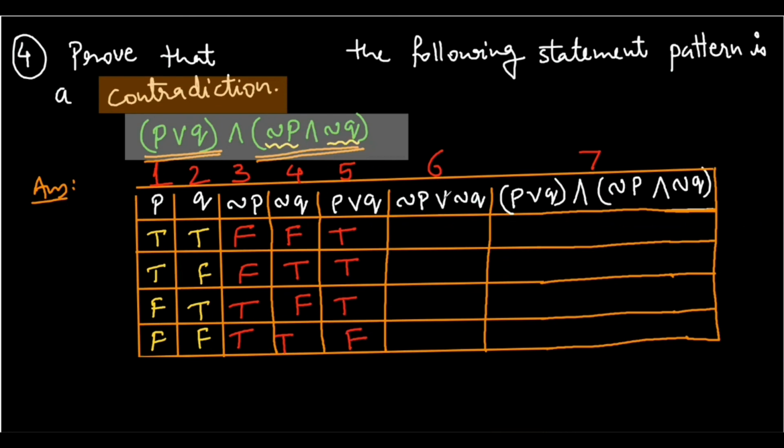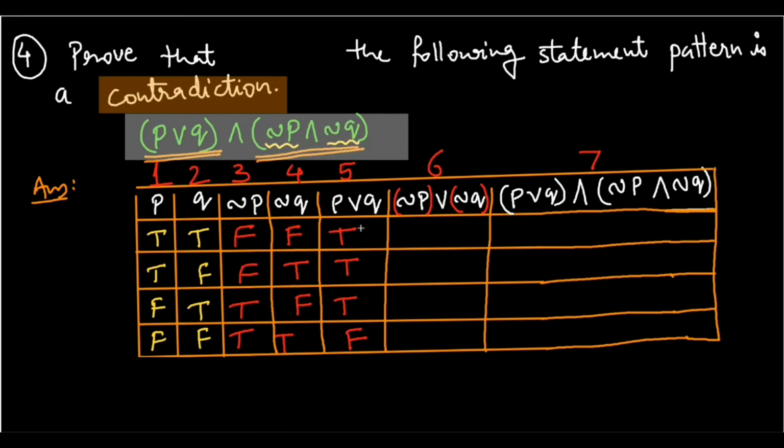Then we have the disjunction of negation P and negation Q. That is column number 3 and column number 4. We have the disjunction of these two, negation P and negation Q. Got it?